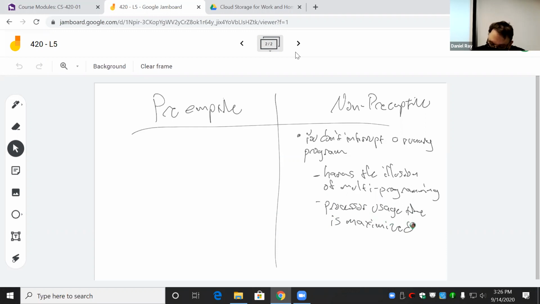Because there's a tension between context switching, which doesn't allow the processor to perform any meaningful process, and maximum usage. So in other words, the more context switching you have, the more overhead that's required, the less time that you're using the processor to actually do the processing that you want the computer to do.